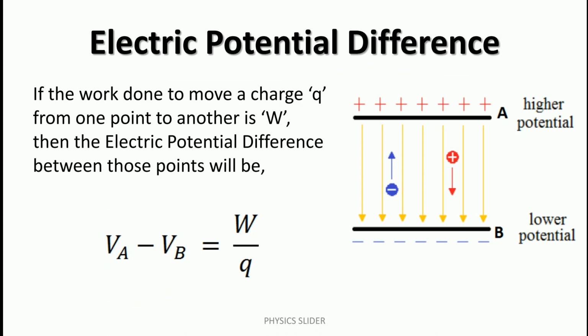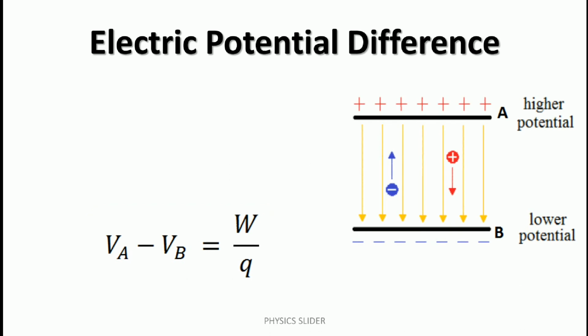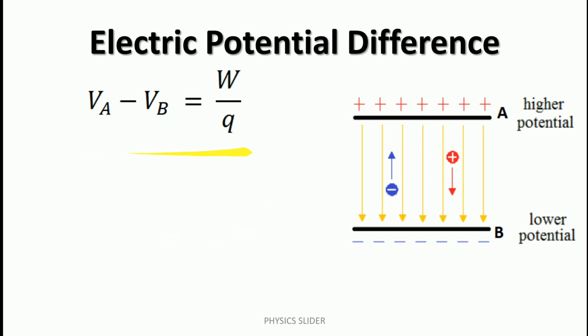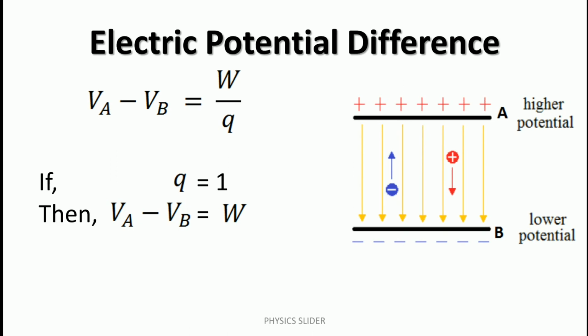Now we will define this electric potential difference with the help of this formula. VA minus VB is equal to W upon Q. Let's take this Q as 1. If Q is equal to 1, then VA minus VB is equal to W. Now we can read it.